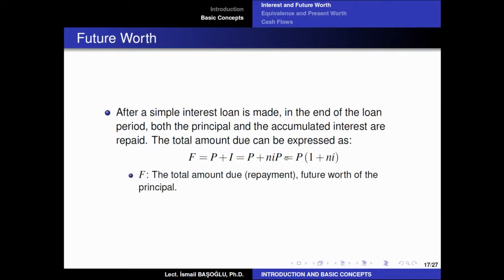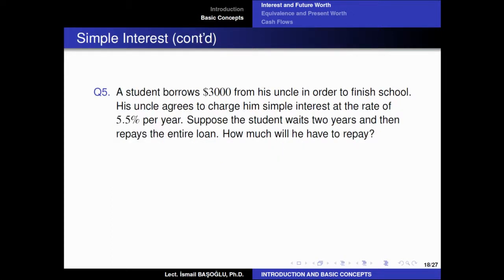And if we take the principal amount as a common multiplier here, the formulation is going to be simplified as P times (1 plus NI). So the future worth, when you are subject to simple interest, of the principal that you have borrowed is going to be calculated as P times 1 plus the number of interest periods and the interest rate as decimal.